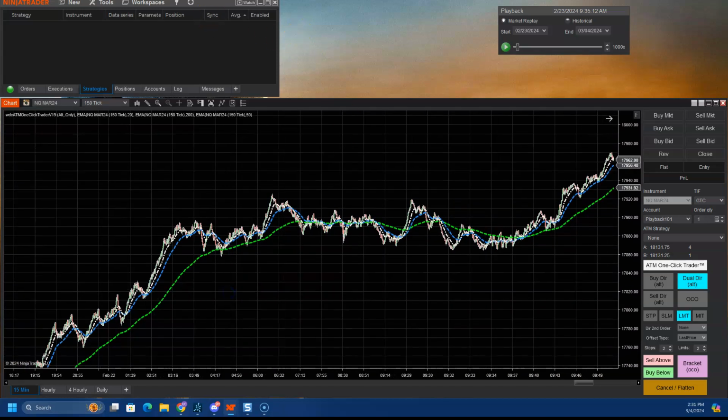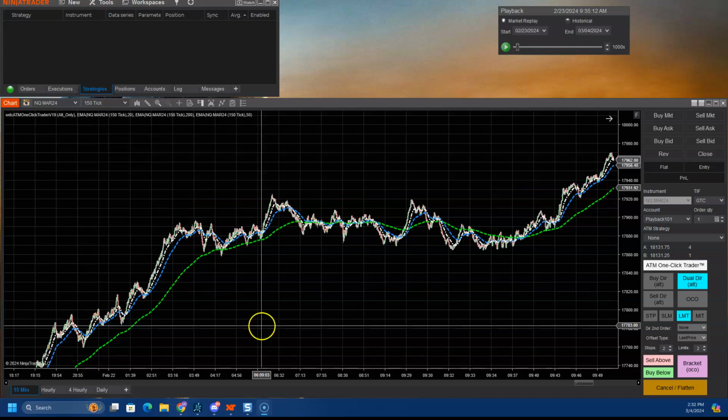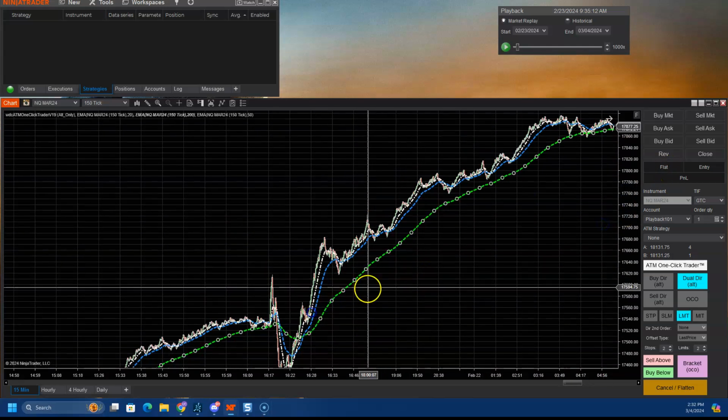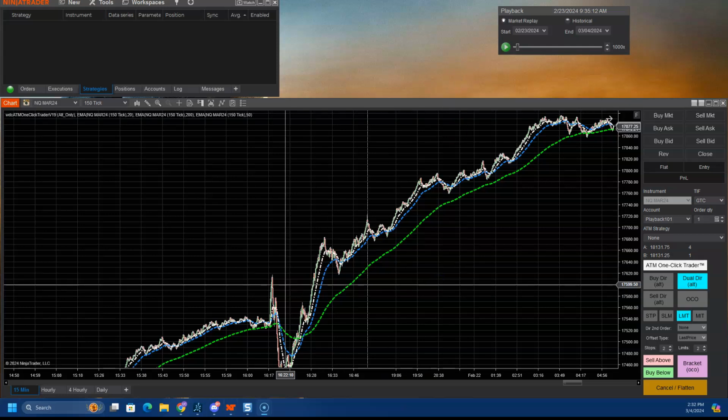And to be honest with you, most of the time the market is not trendy, right? This is from like 2-3 o'clock in the morning till like 9:30, so 6 hours of pure sideways choppiness, versus this one, which was an extraordinary day. But for the most part, you're not going to ride this whole move up, unless of course you're swinging it or leaving a runner.